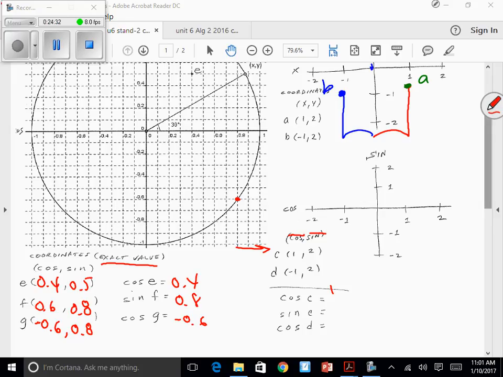So there are only a few places on the circle where there are exact values. As a matter of fact, E technically can't even be called an exact value because it's not even on the circle. But my goal was, okay, make it similar, similar, similar, until finally we get to the thing that we really want, which is, hey, what are the coordinates of the points on the circumference of a unit circle?